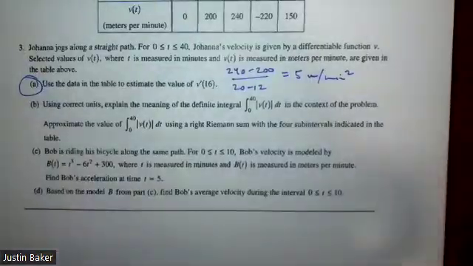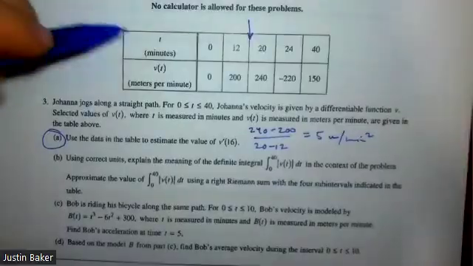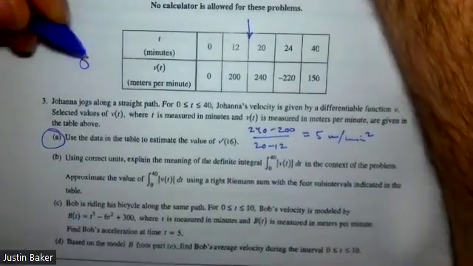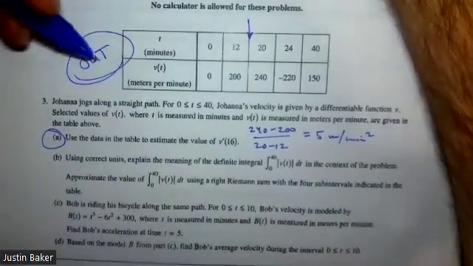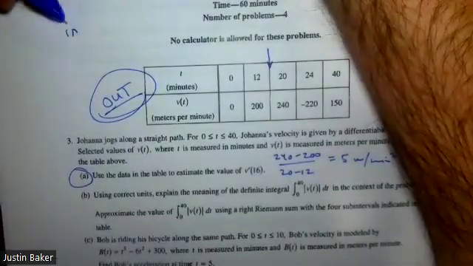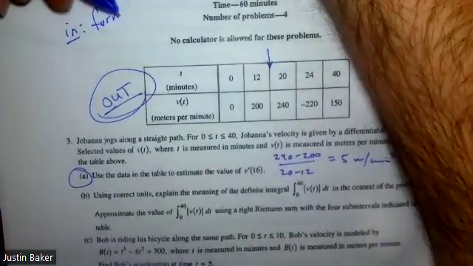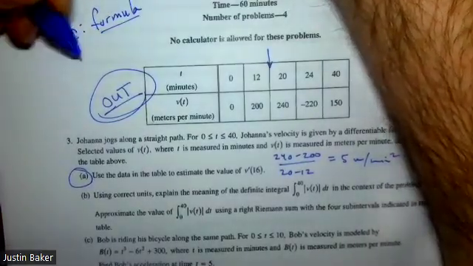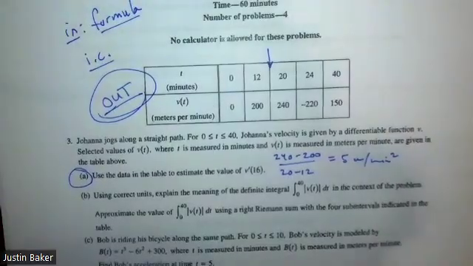The problem you're going to see tomorrow, as we said in class, involves this table of data, but instead of running, this is going to be our out formula. And then it's going to be your in and your out question. For in, you're going to have a formula given, and then there's also an initial condition given.